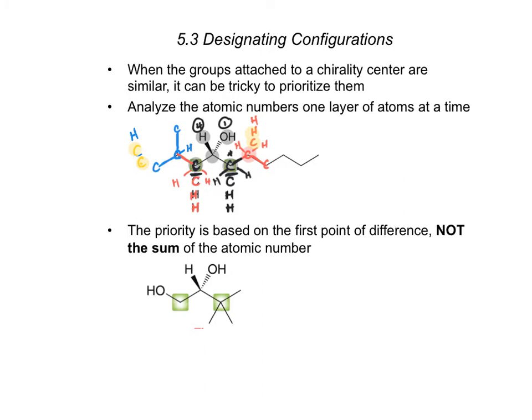The carbon. So because of that first point of difference, this side is going to get 2. Let me make that more distinct. This is 2, and then this guy will get the 3. So overall, we'll be left with 2, 3, and then 4 and 1.